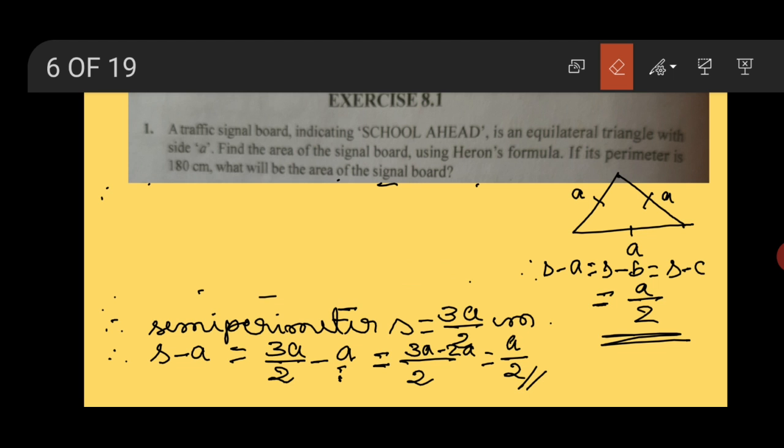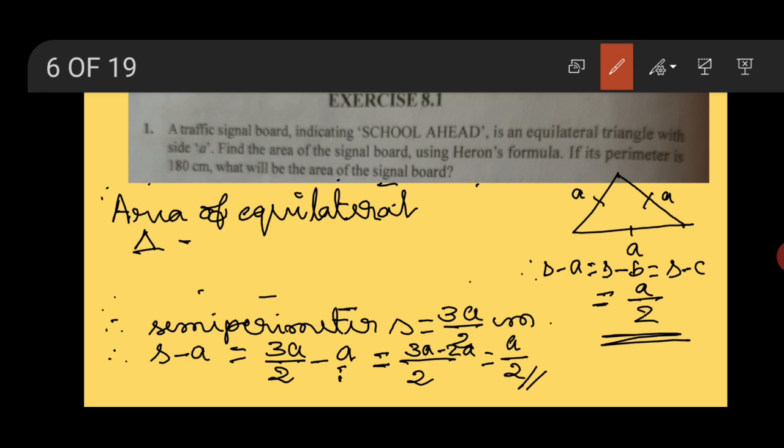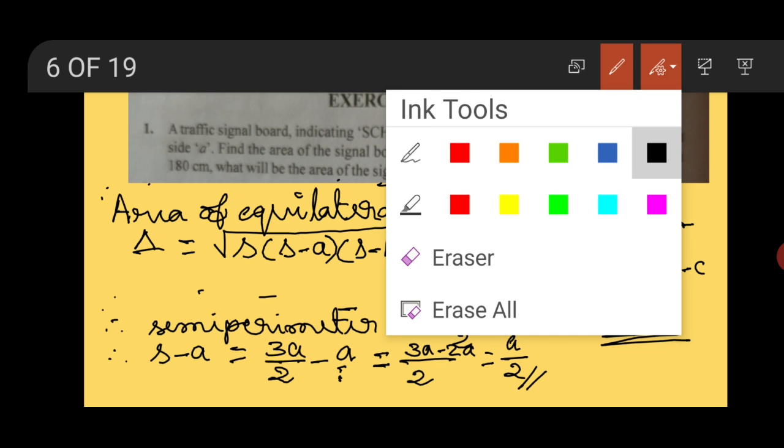The area of the equilateral triangle is equal to the square root of S into S minus A into S minus B into S minus C.